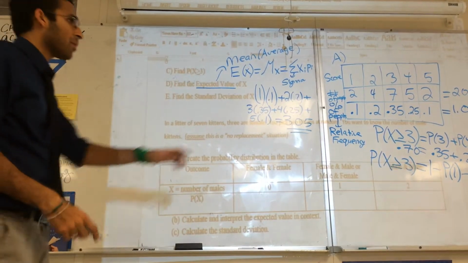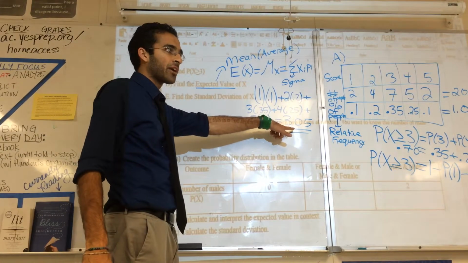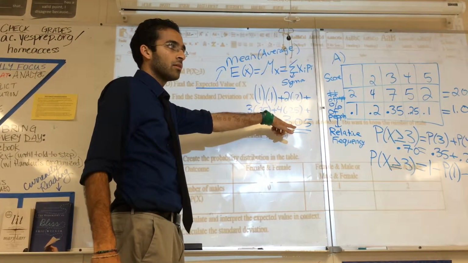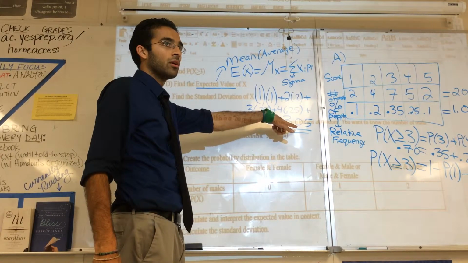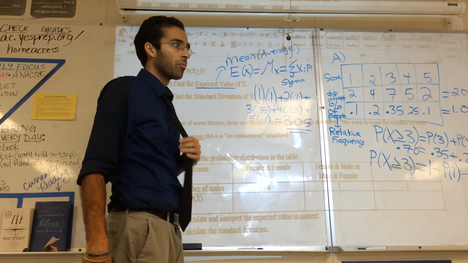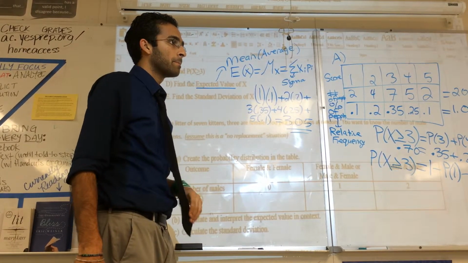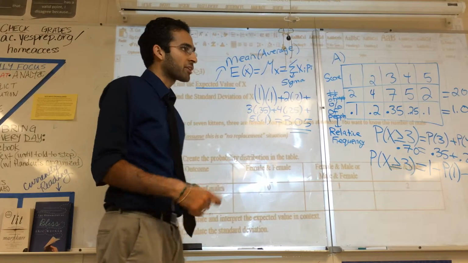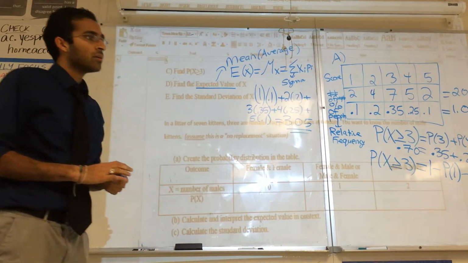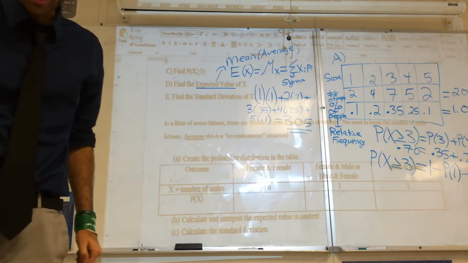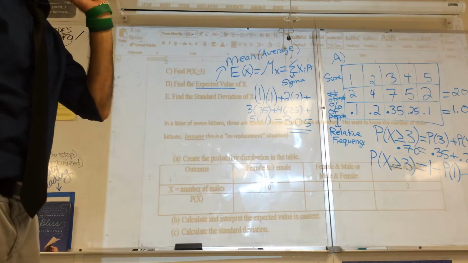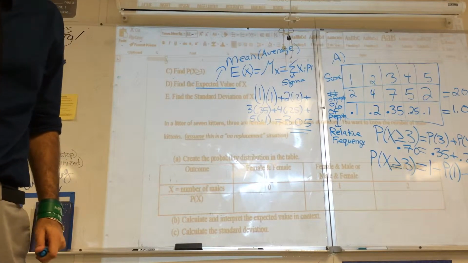Does it pop up with 3.05 for X bar? Are you getting 3.05 for X bar? No? What are we getting? 3? 3.000?